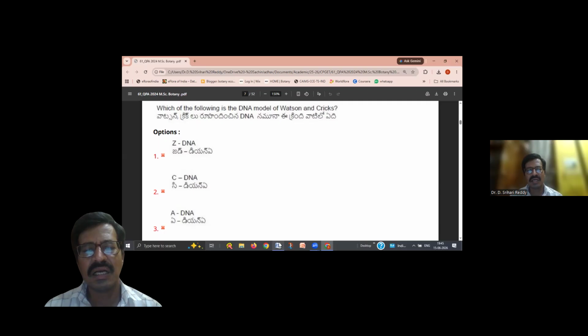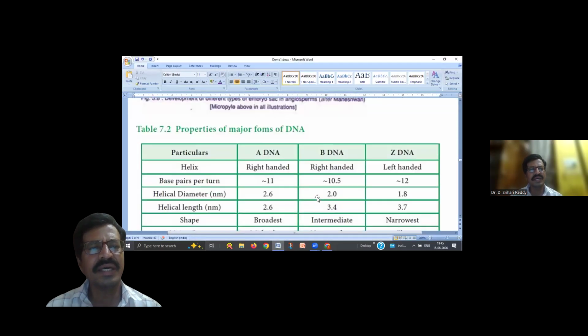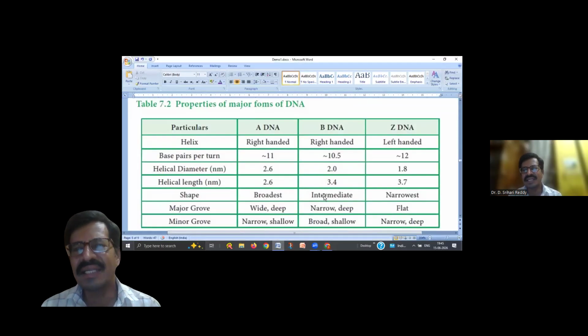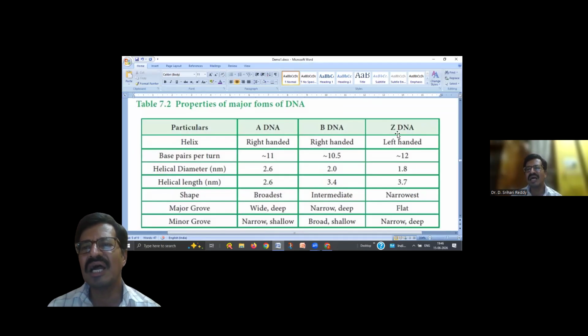Later, 3 different types of DNA were observed: A-DNA, B-DNA, and Z-DNA. The DNA we know is B-DNA.